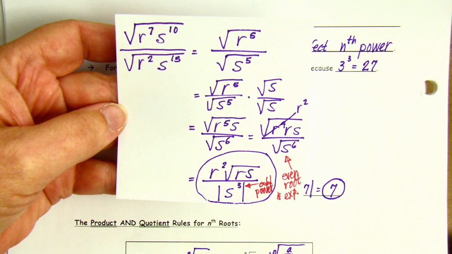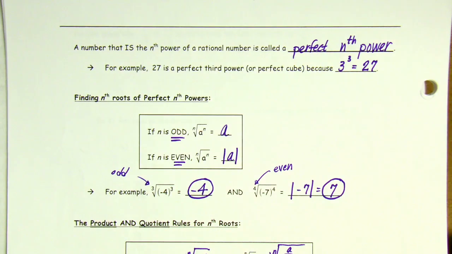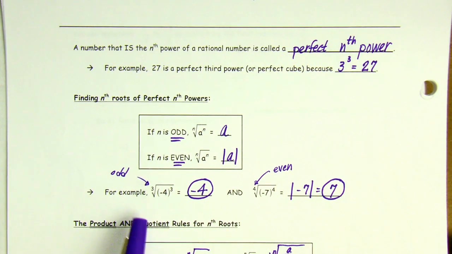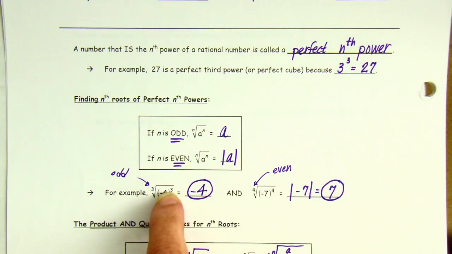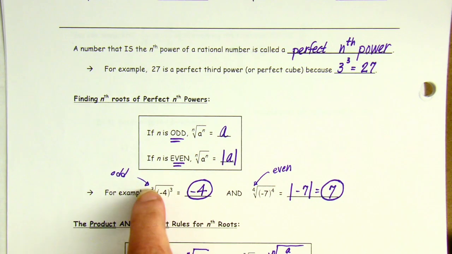It's the even roots that are going to give us some issues. So when are we going to see this? Well, for example, notice here, cube root of something to the third power, cubing and cube rooting are inverses of one another. That's going to equal negative 4.